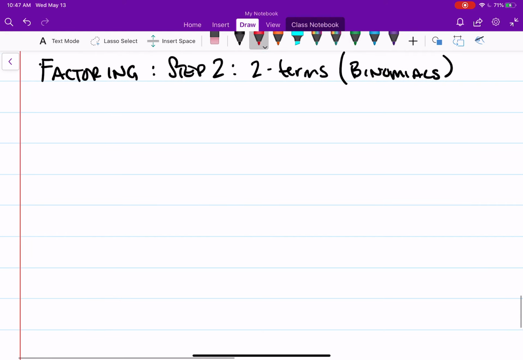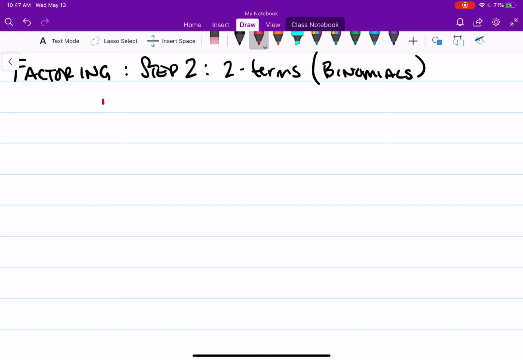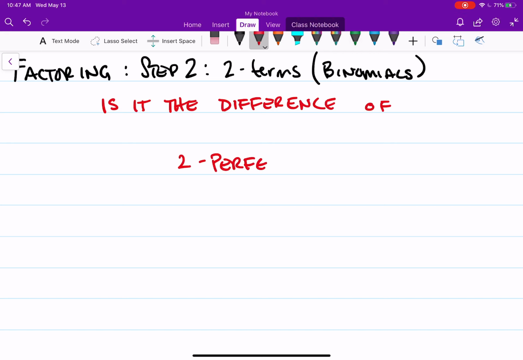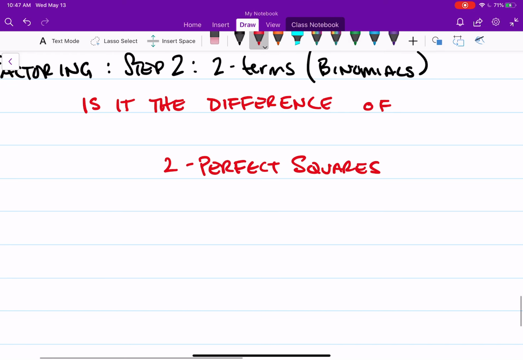This is all you have to do. Ask yourself the question, is it the difference of 2 perfect squares? Okay? So that's the question you have to ask. Okay?